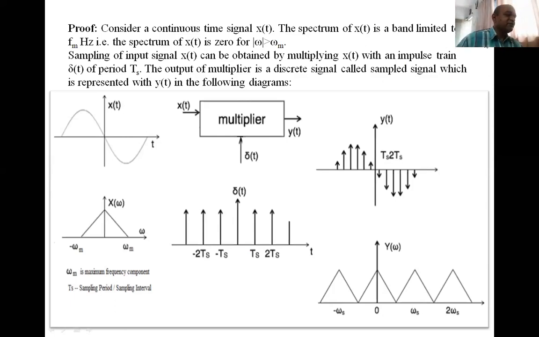This means when t is equal to Ts, the value of x of t will be the strength or weight of that particular impulse, and in this way we have a new signal which is known as the sampled signal, and it is represented by y of t.